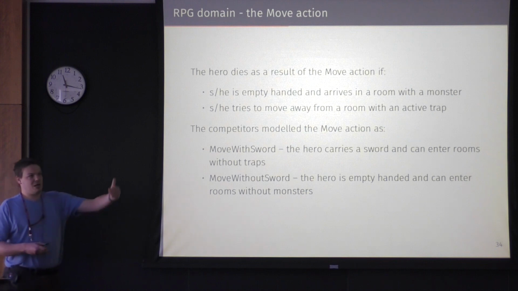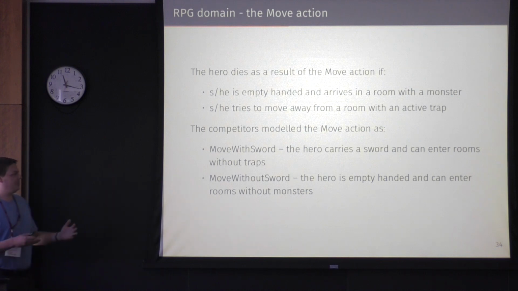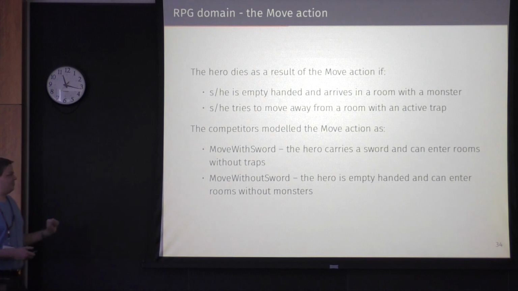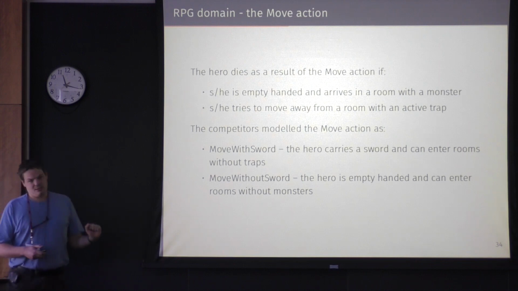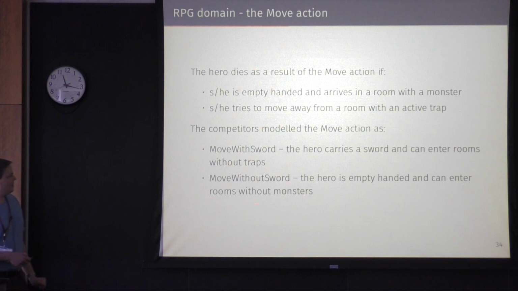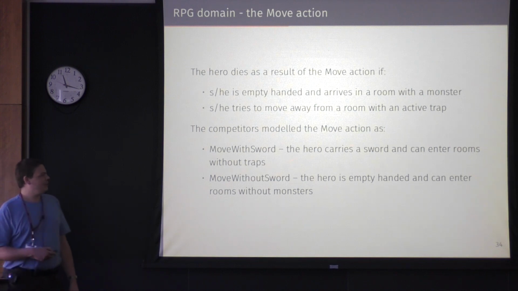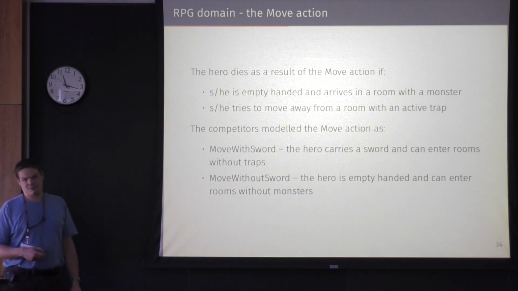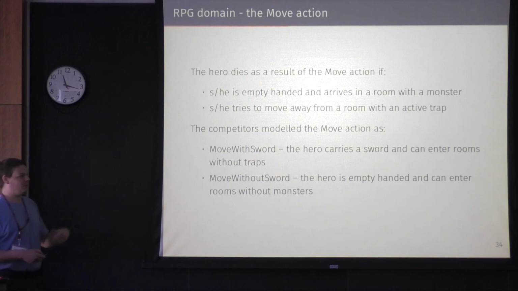Or if you are moving away and there is an active trap, you will die. But what basically all the competitors did is that they defined two different move actions. One is if you have a sword and perform a move action, you can enter any room without a trap, so you can enter an empty room or a room with a monster.